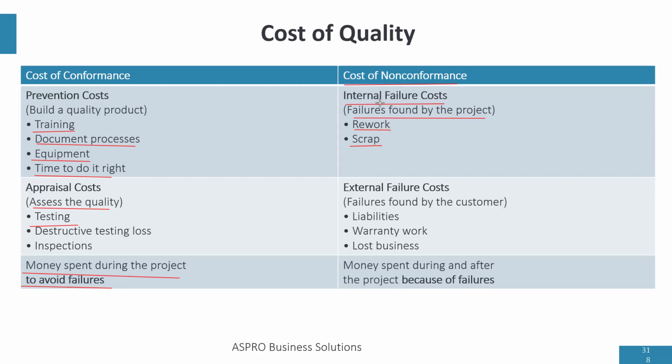Now, if our eyes do not catch these defective products and it goes to the market and the customer finds that product, liabilities can come, which means the customer can sue, especially if there's a damage to the customer. Liabilities. Warranty work means that the customer returns the product under warranty, and lost business.